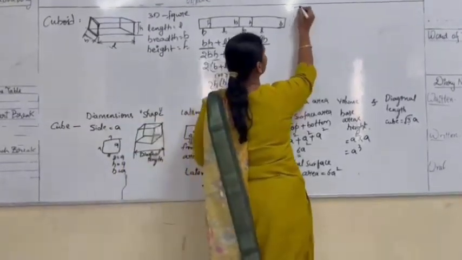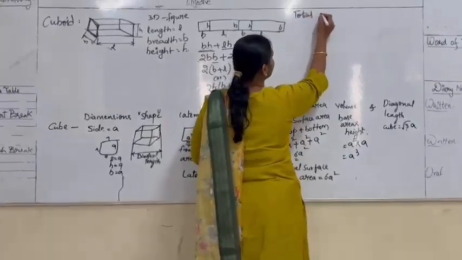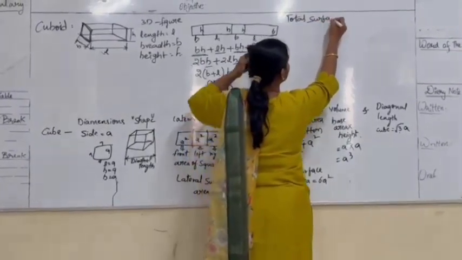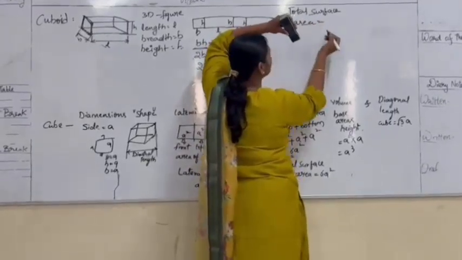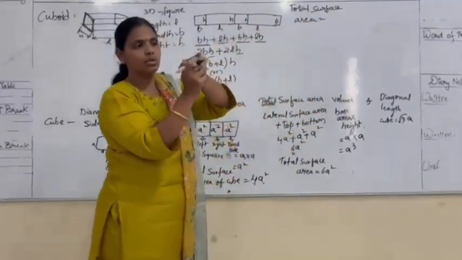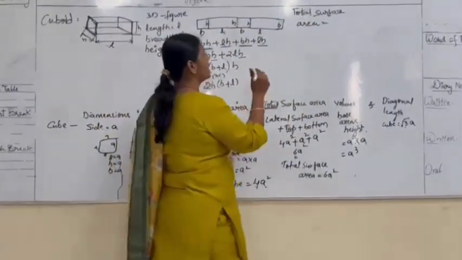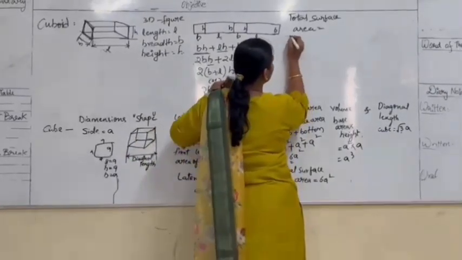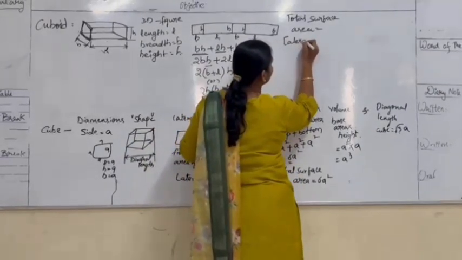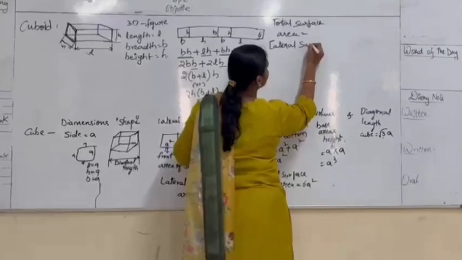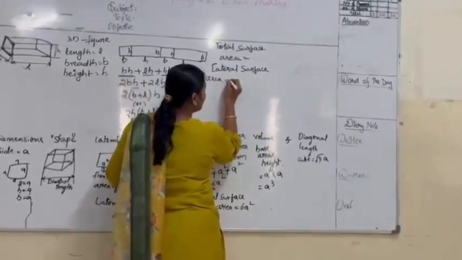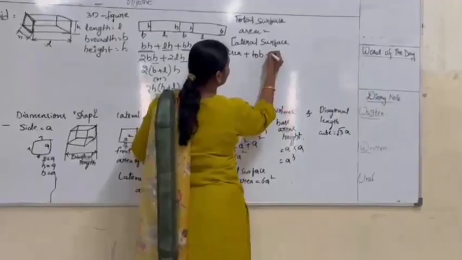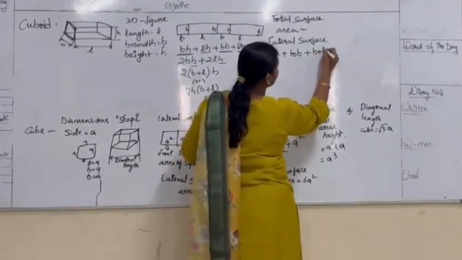While coming to total surface area, we need to consider all the sides in this cuboid. Here we are having 2 squares and 2 rectangles. Now lateral surface area plus top plus bottom.